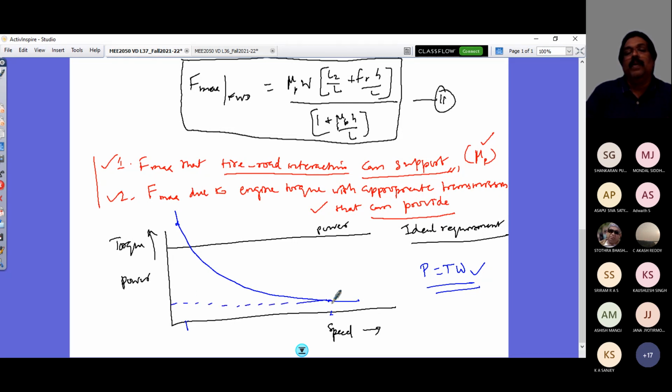So your limiting factor at high speeds, higher gear, would be the second point, and the first point would be for the lower gear. So this is how you can always remember this too: whichever is smaller is going to decide your performance potential. You see there are applications of vehicles. One is the passenger car; the other is heavy vehicles, in industrial applications or agricultural fields, which require more torque rather than speed.